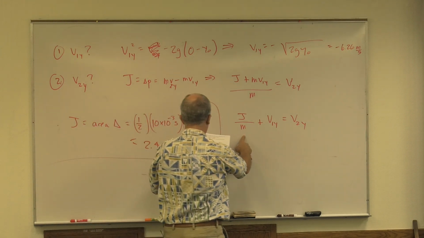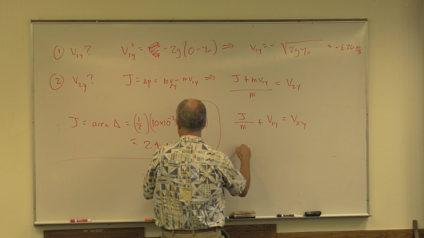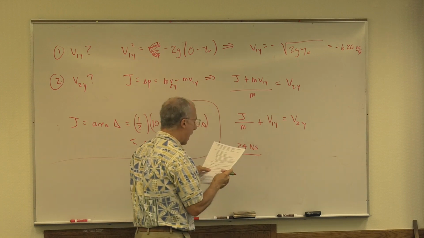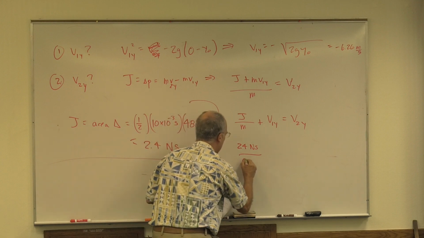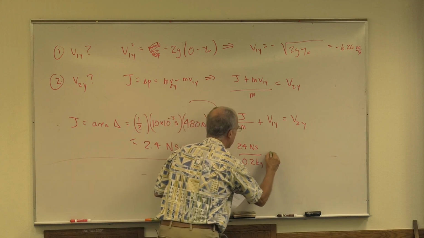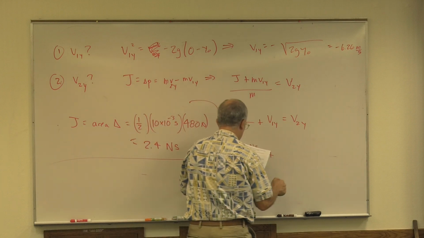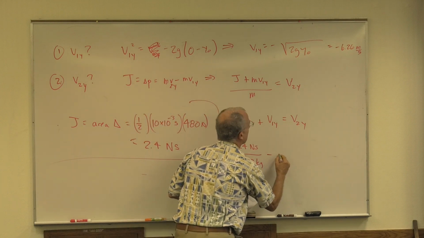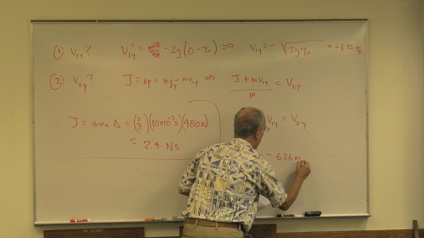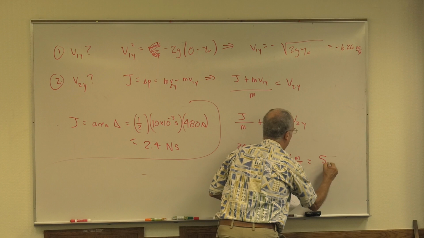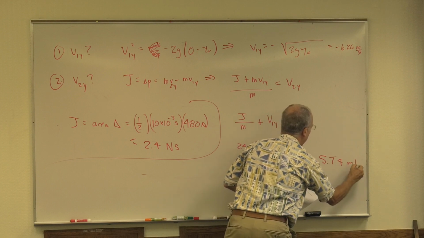So here we go. J is 2.4 Newton seconds. Okay, the mass, what's the mass? 0.2 kilograms. v1y, where's that? Right there. It's minus 6.26 meters per second. And I promise you, you do that, and you get 5.74 meters per second.